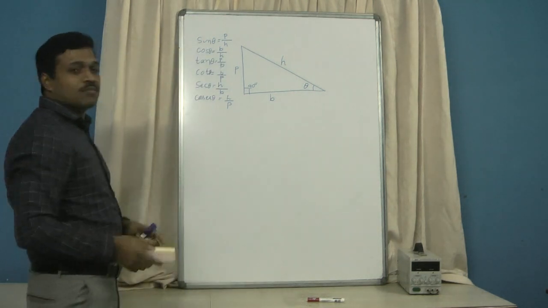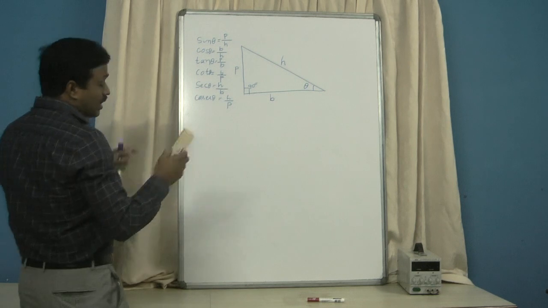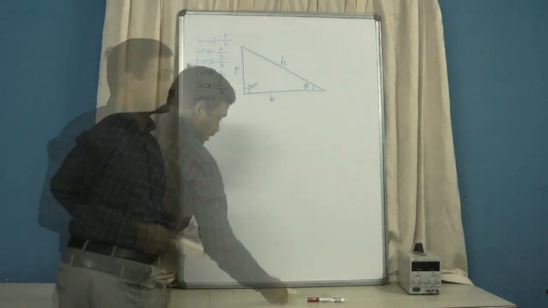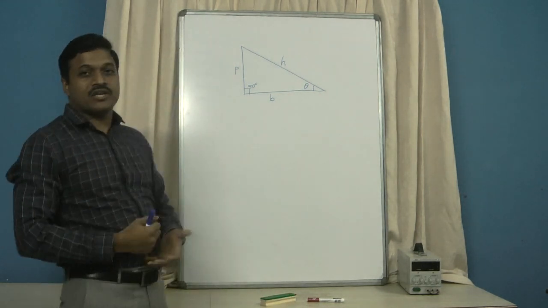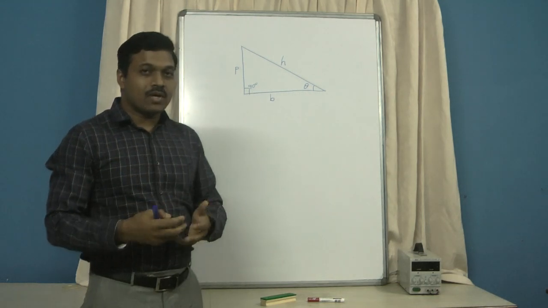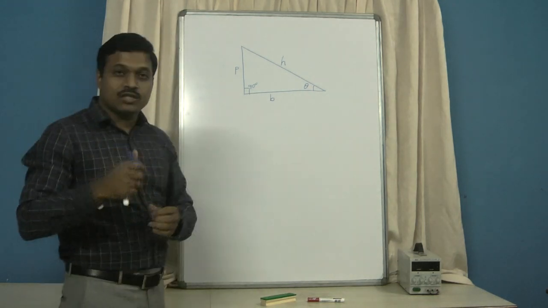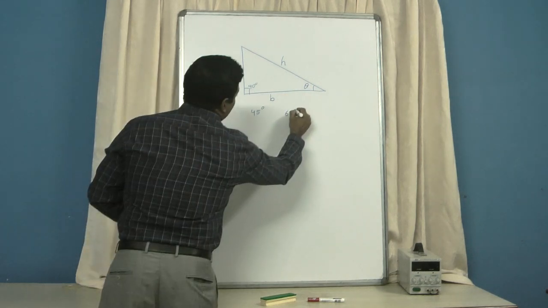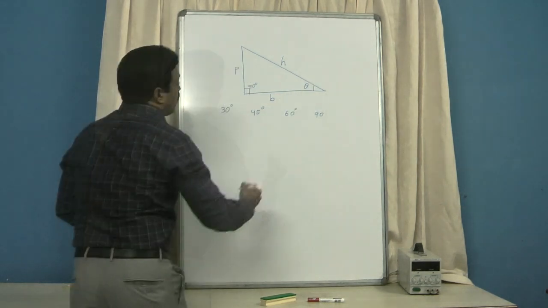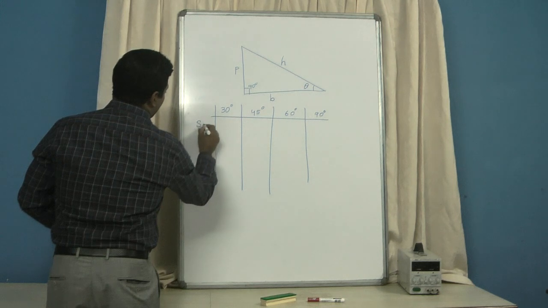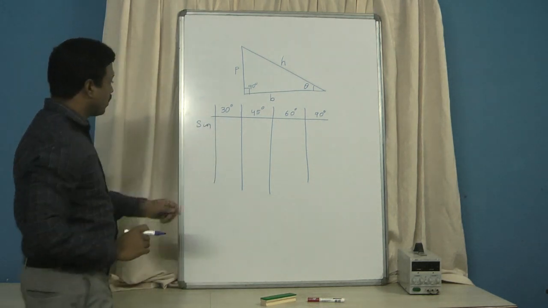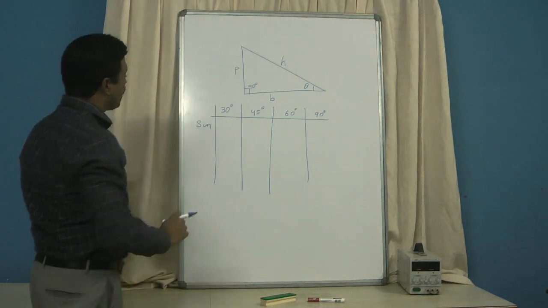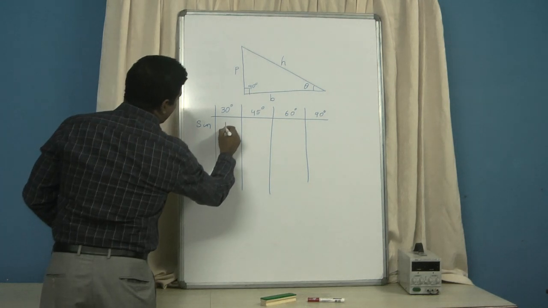Now let's consider some of the basic values of it, and later we will go to its uses. Basically, in the preliminary stage, we generally remember 4 values of a ratio: at 30 degree, 45 degree, 60 degree, and 90 degree of theta. So sin 30 takes the value 1 by 2.